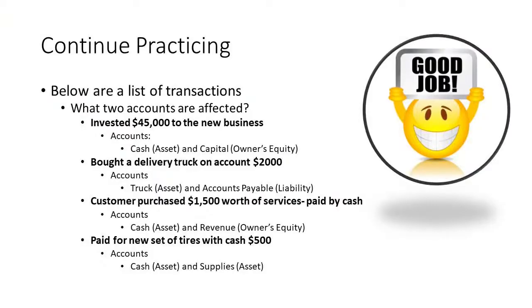Next, we bought a delivery truck on account. We bought the truck for $2,000. Okay. So now we have assets. Did our assets increase? Yes. How did they increase? We bought a truck. We have equipment. So now I have $2,000 worth of equipment in a truck.